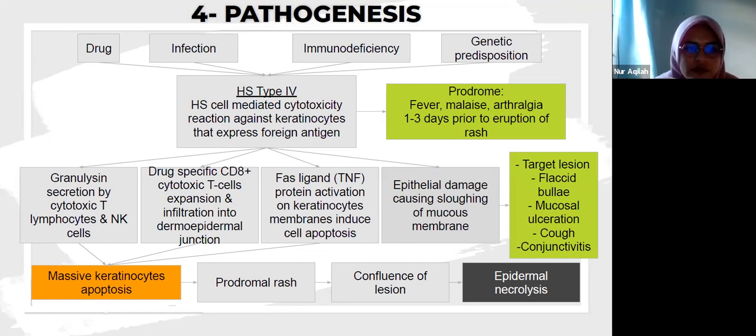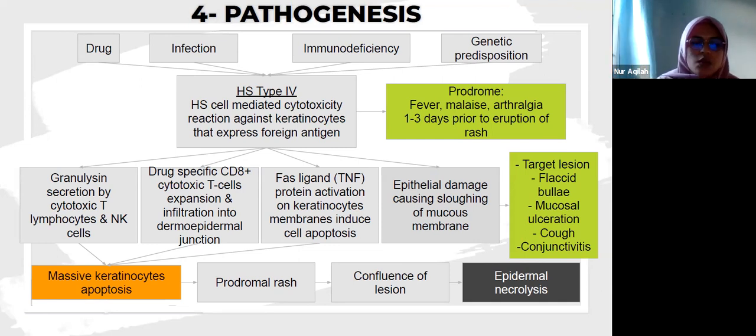Then drug-specific CD8 cytotoxic T cells expand and infiltrate the dermoepidermal junction. Then Fas ligand of the tumor necrosis factor protein is activated on the keratinocyte membranes, which induces cell apoptosis. These three mechanisms stimulate massive keratinocyte apoptosis in the patient.